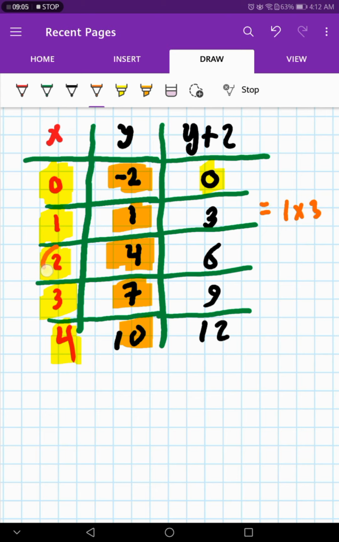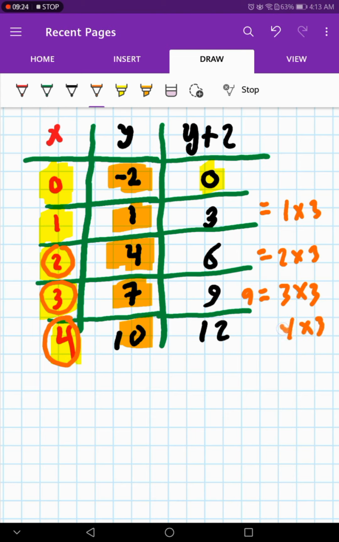And 2 multiply 3 equals 6. And 3 multiply 3 equals 9. And the last one, 4 multiply 3 equals 12. So the rule here is multiply by 3.